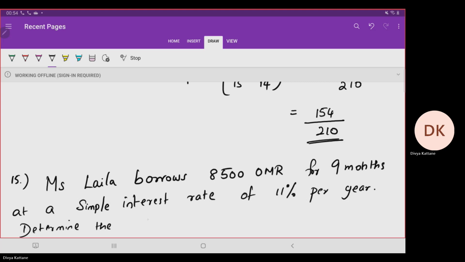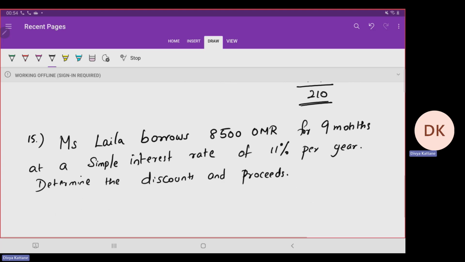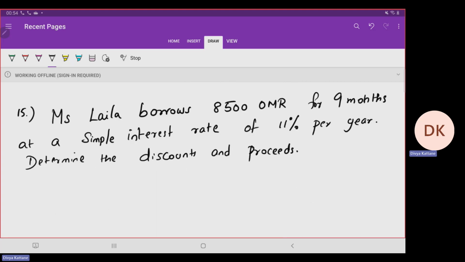Determine the discounts and proceeds. So this is the next question. Miss Laila borrows 8,500 OMR for 9 months at a simple interest rate of 11% per year.